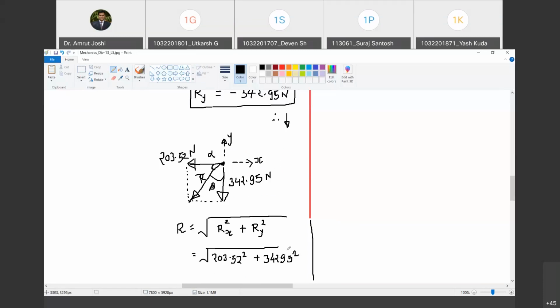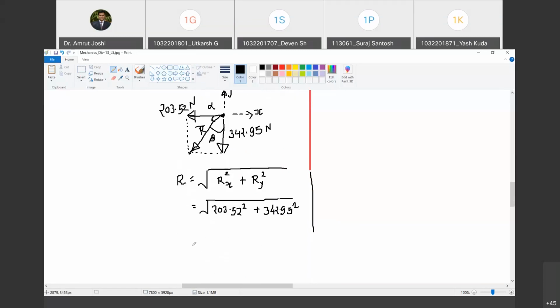Chal, tell me how much is that? Square root of 203.52, I will also do it with you. 398.79 Newton. And now tell me what is alpha.